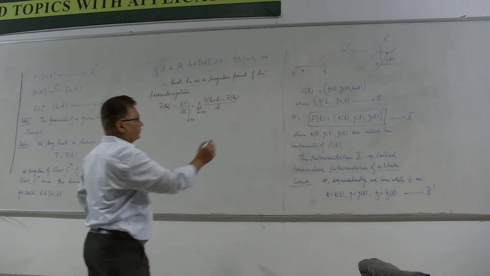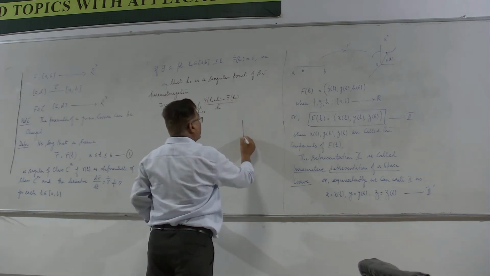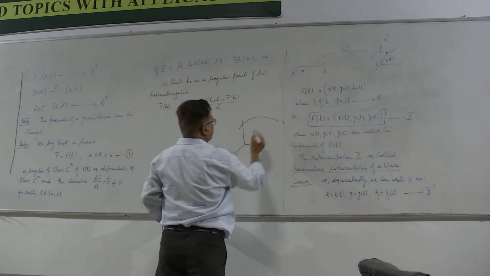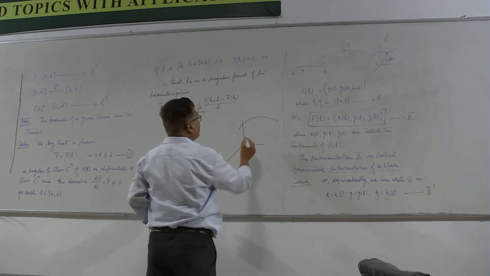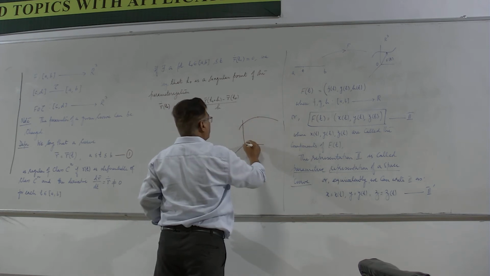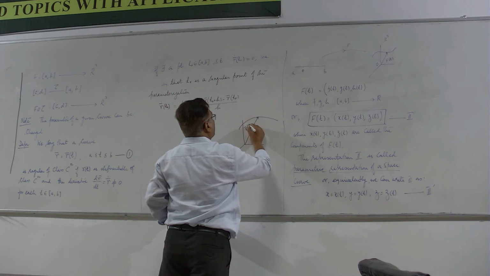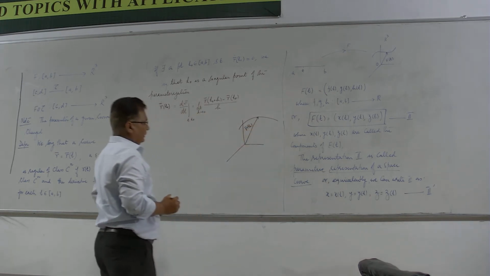So, you have seen the graph of a parametric curve. Suppose this is the curve, and the image of the point t naught is here. This is r t naught, the vector r t naught.